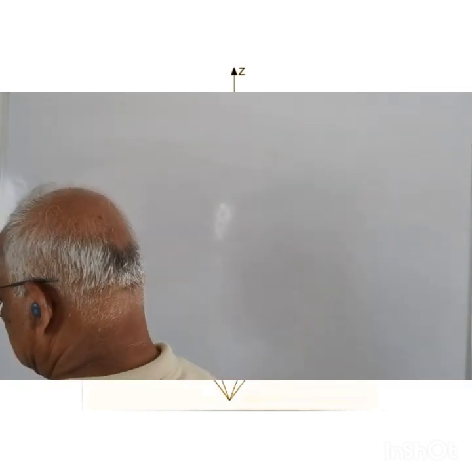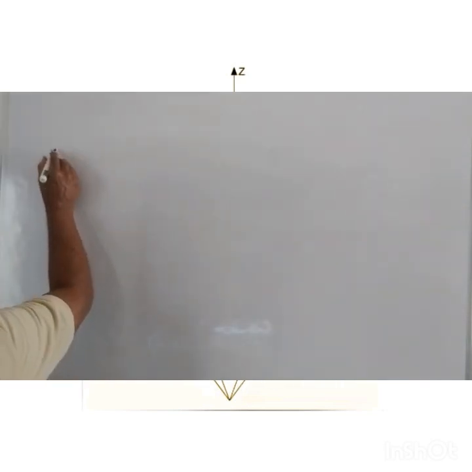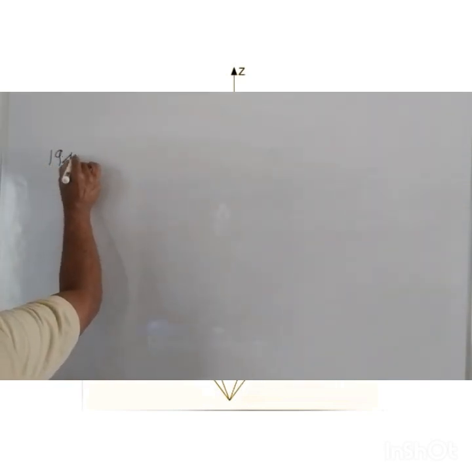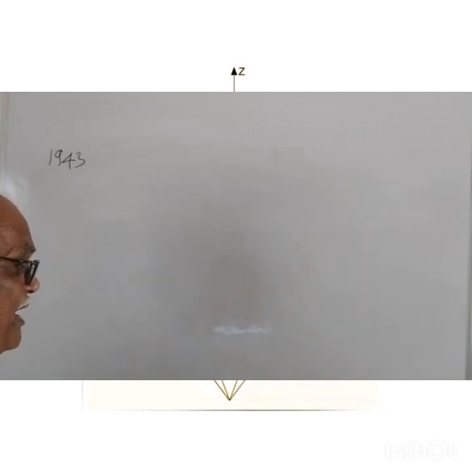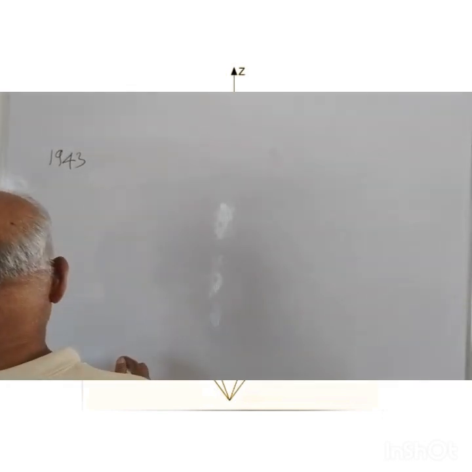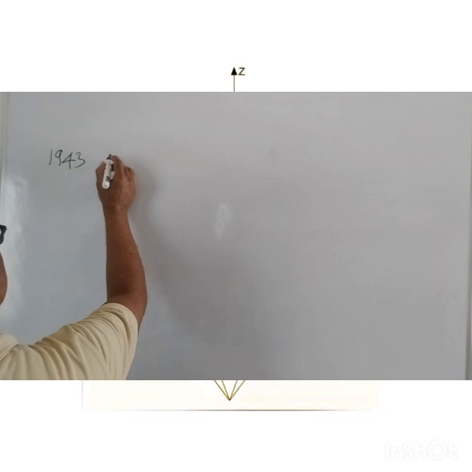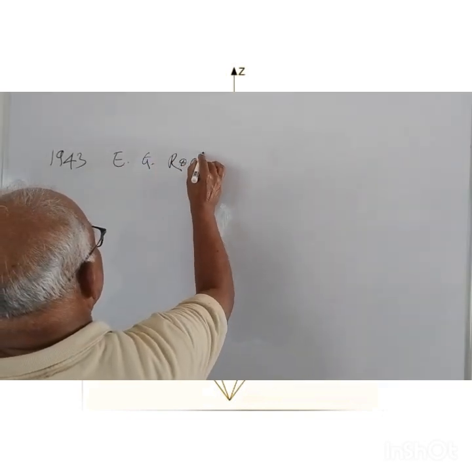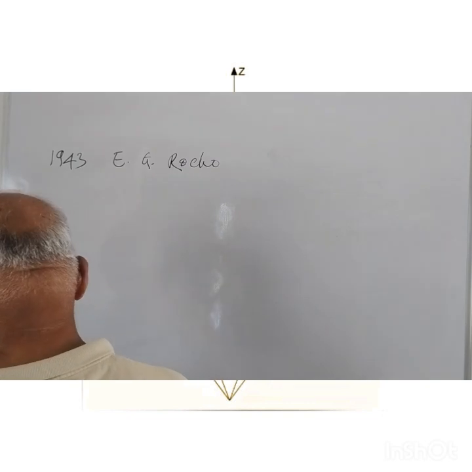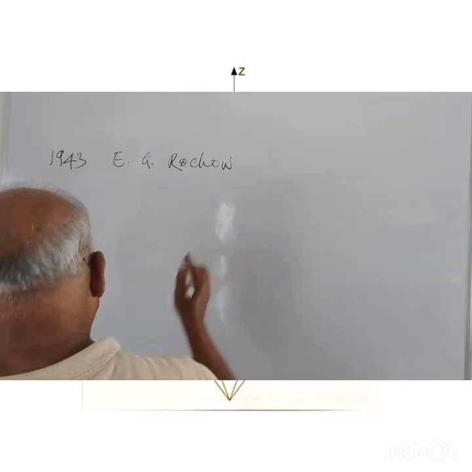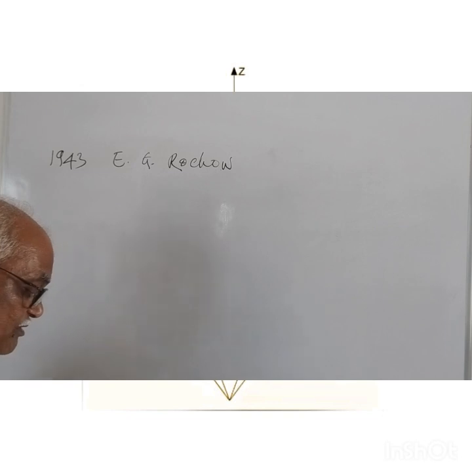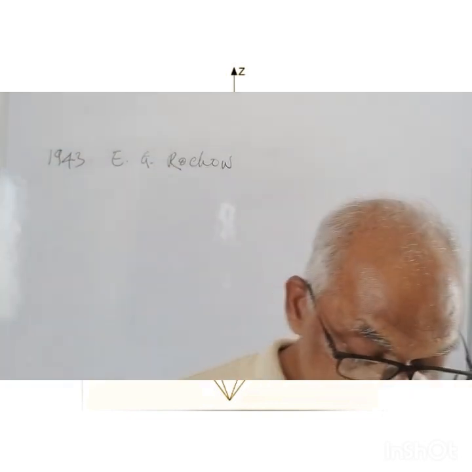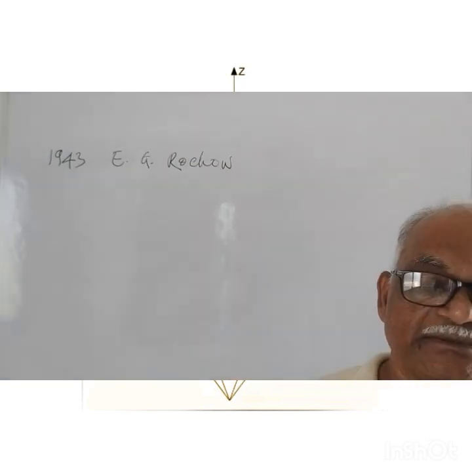The next event was recorded in 1943, when E.G. Rochow discovered the direct synthesis of organochlorosilanes.